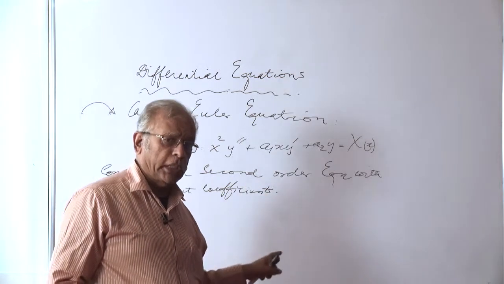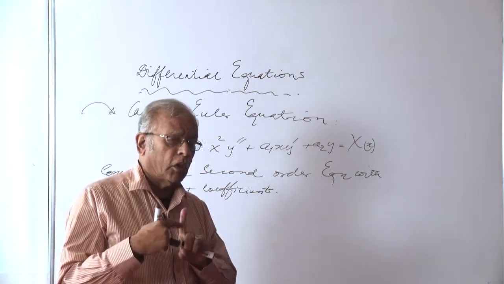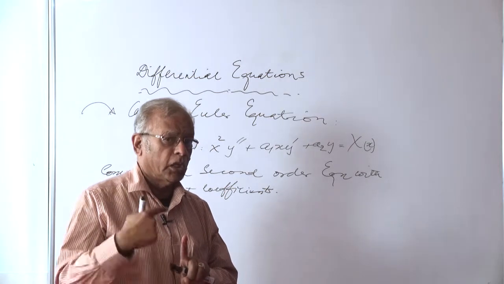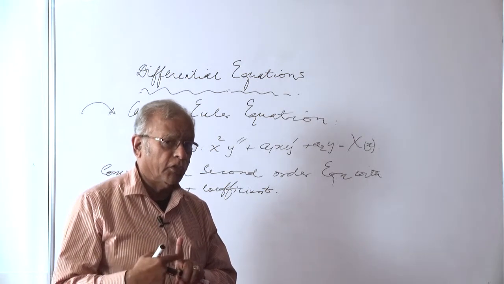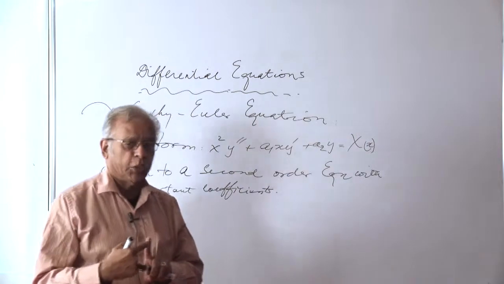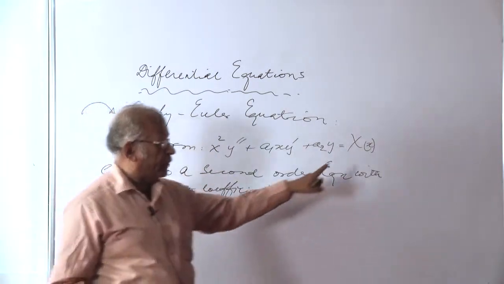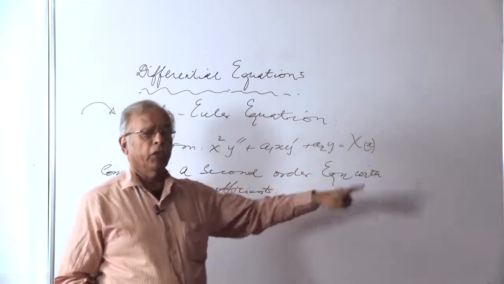So the equation does not have constant coefficients. It's not a second order equation with constant coefficients, but has an x squared term, an x term, and on the right hand side we have a function of x. So this is an inhomogeneous equation.